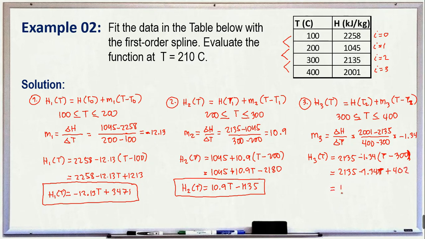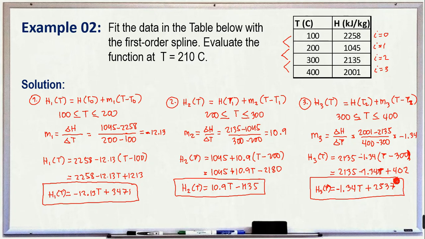Rearranging, we have negative 1.34t, and 2135 plus 402 gives 2537. So this is the equation for our third linear spline.